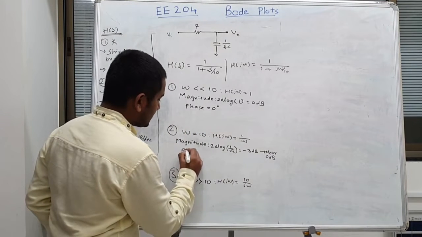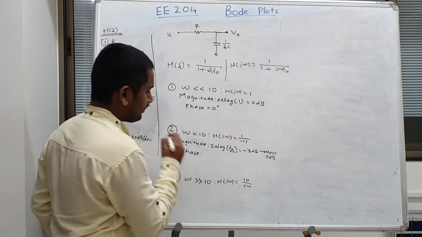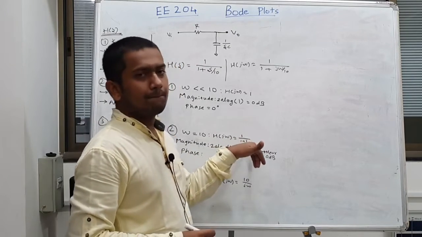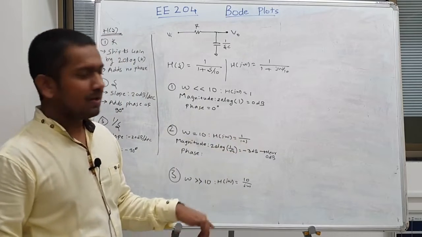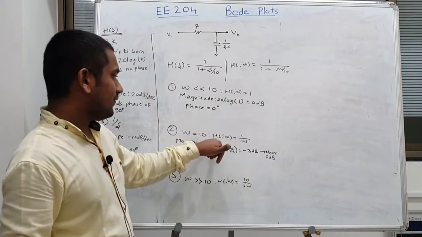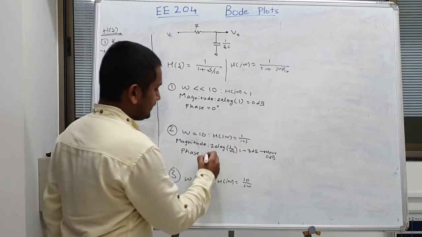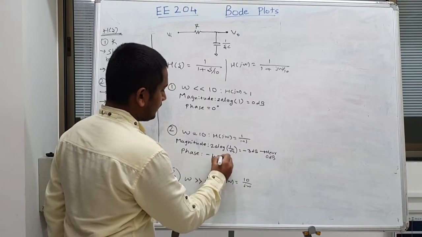Now let's look at phase. We can use the tan inverse formula and we can check that the phase of H of j omega for 1 by 1 plus j omega is minus 45 degree.